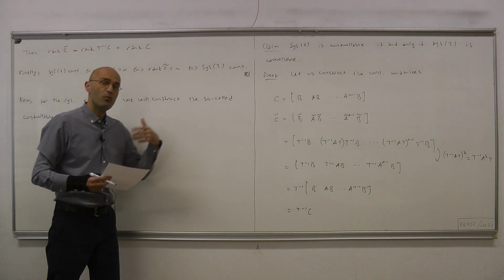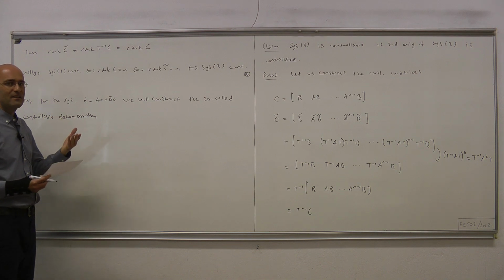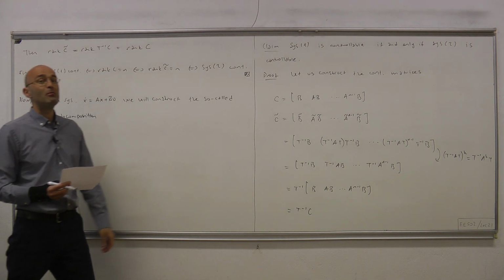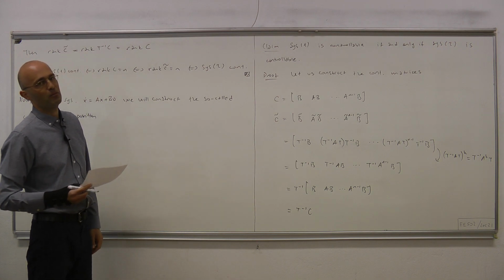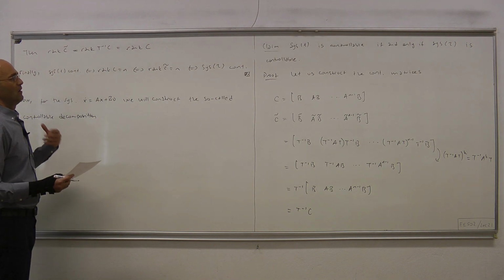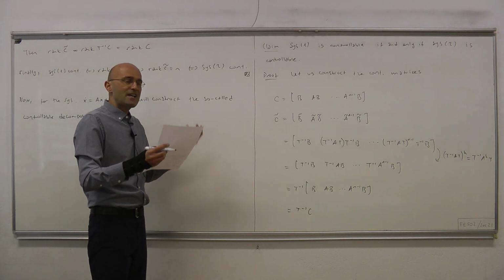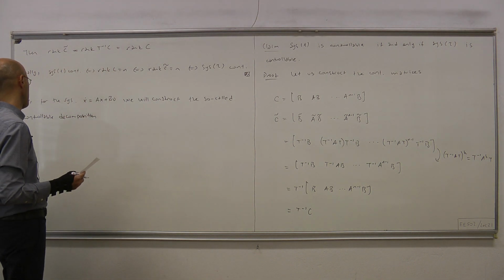The reason that we're constructing the controllable decomposition is because through that we will study stabilizability. We will define and then study the stabilizability property of a system, which is a more general or relaxed version of the concept of controllability.